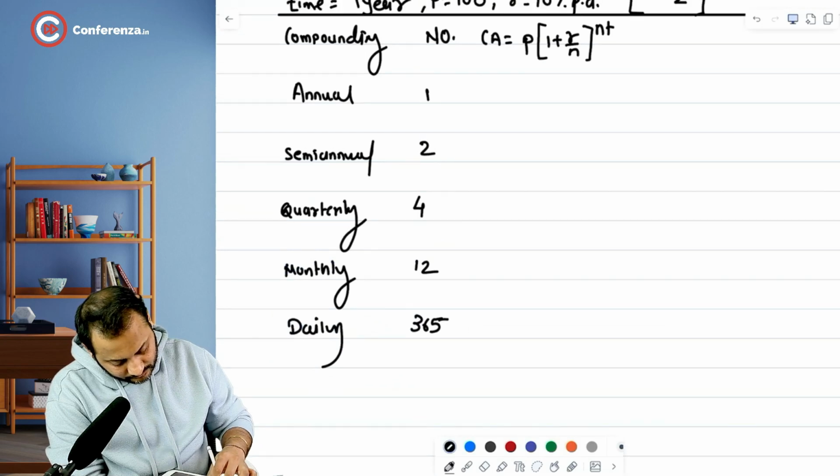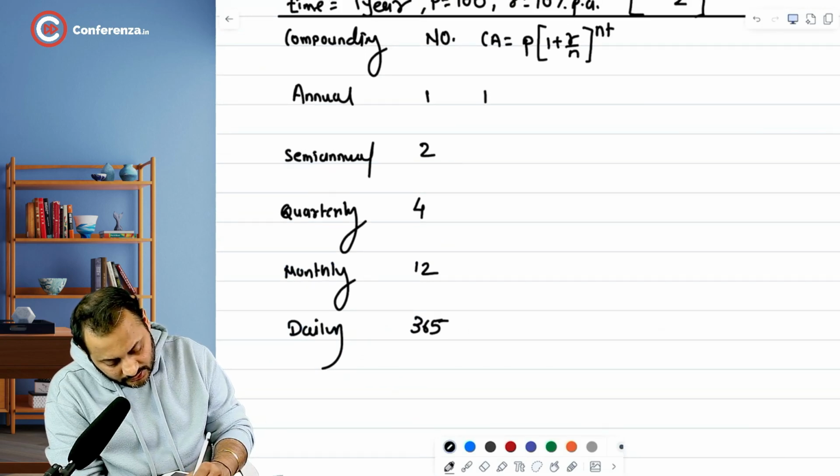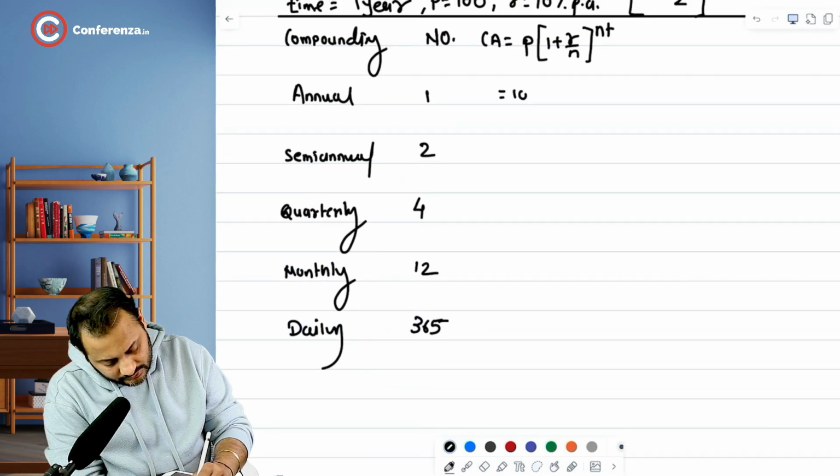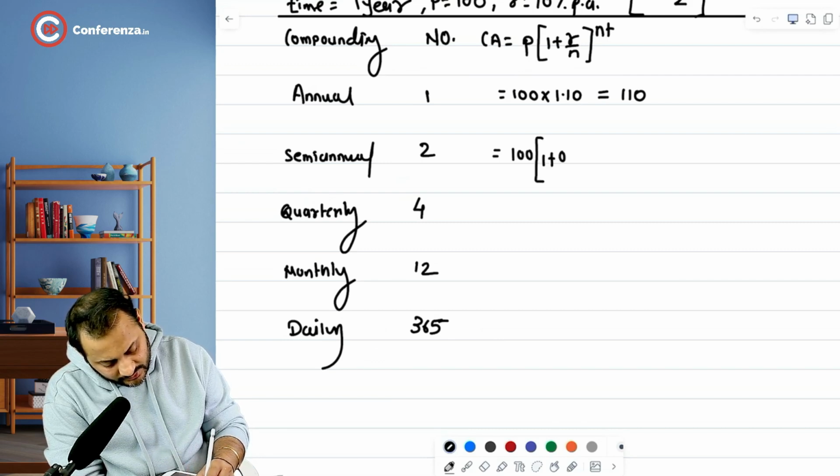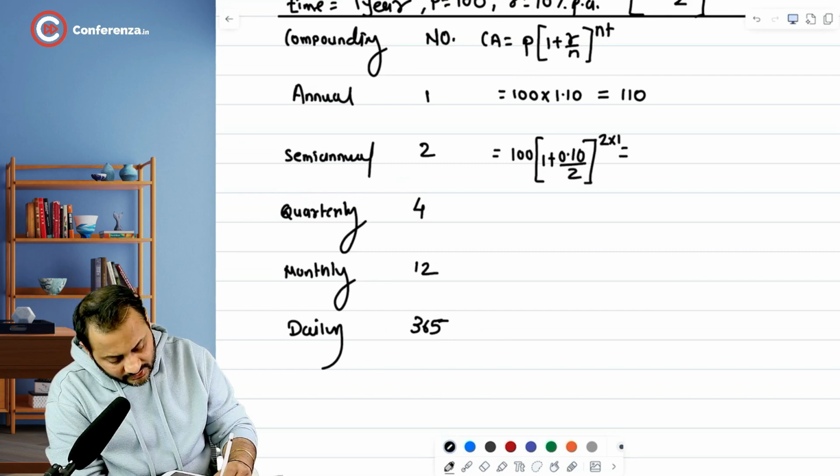Okay. 100 in bracket 1.1. This is very simple. It will give you 110. In this case, 100 in bracket 1 plus 0.10 divided by 2 to the power 2 into 1, because it is 1 year only that we are considering.